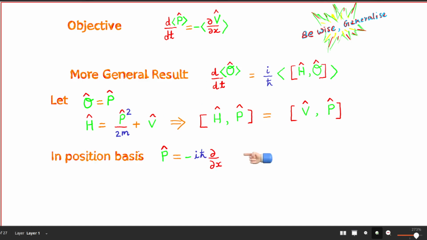Now in position basis, the momentum operator is equal to minus i times h bar times the partial derivative with respect to the position coordinate. So this is our momentum operator in position basis.